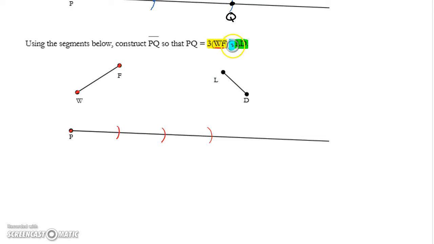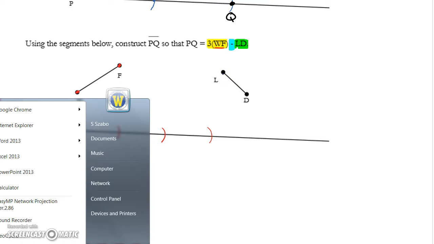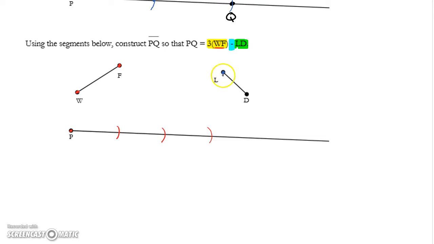Because I want to subtract segment LD, I start the same way. I will find the length of this segment with my compass, put the point on L, open the hinge so the pencil is on D, and lock it in place. But now with my point here at the end of my last arc, instead of adding on over here, I'm going to take off by moving back to the left.